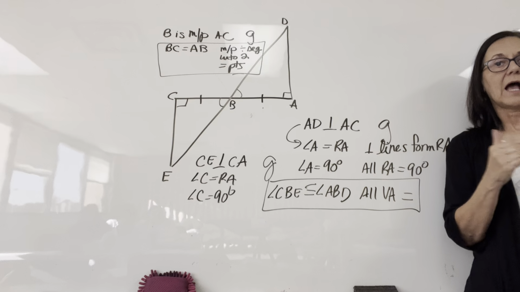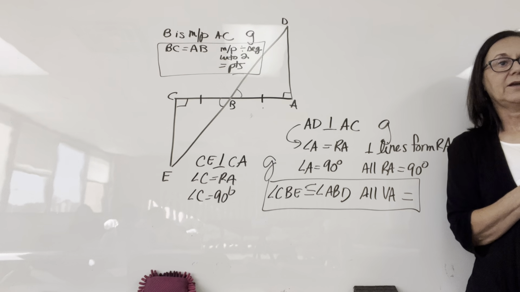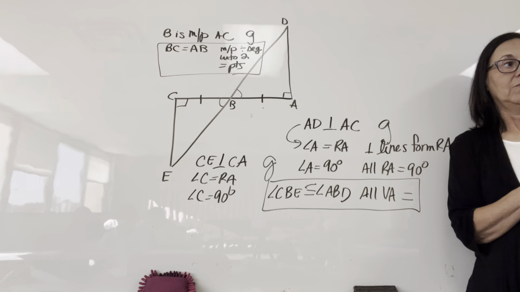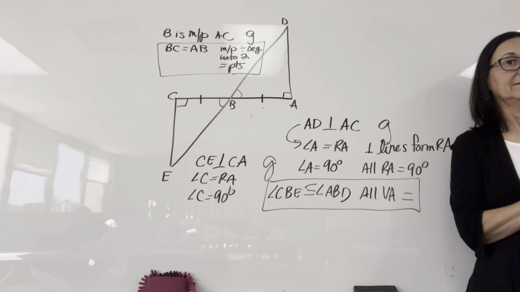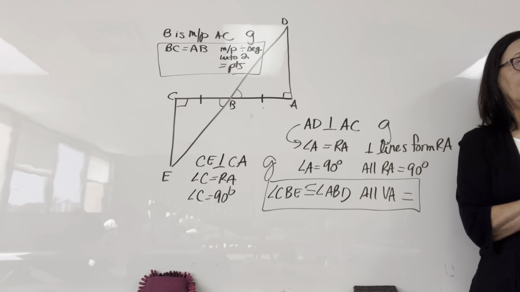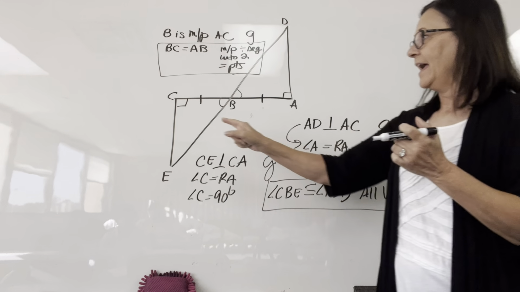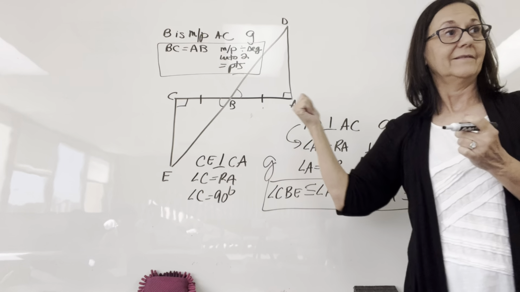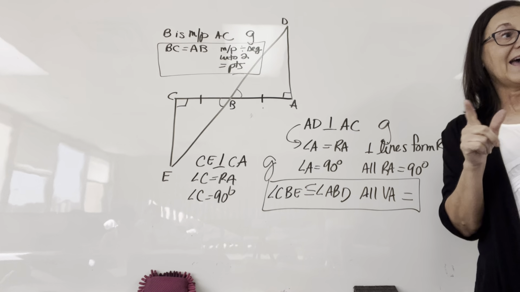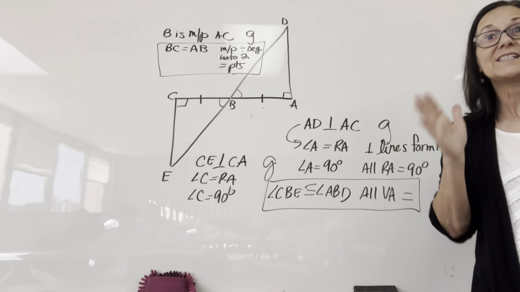Do I need another side or another angle equal? I do. You know what I have not said yet? I have not yet said angle C equals angle A. Do you see that? I have to say that.